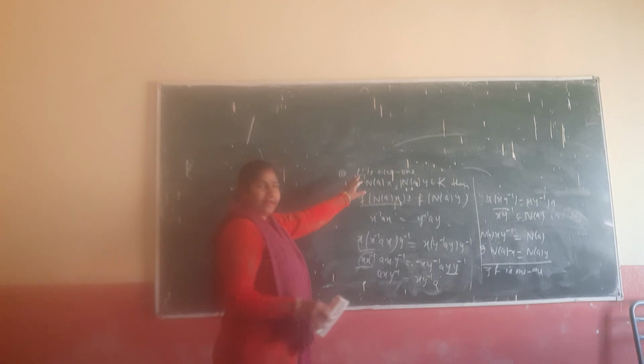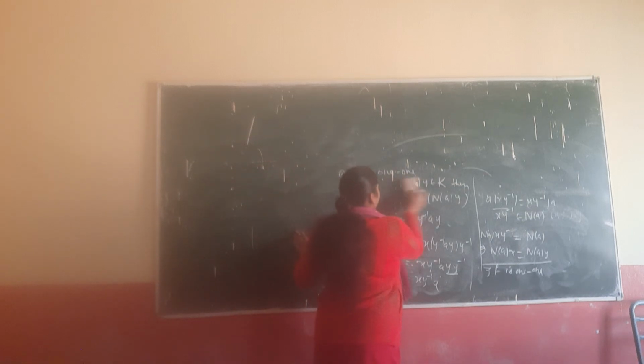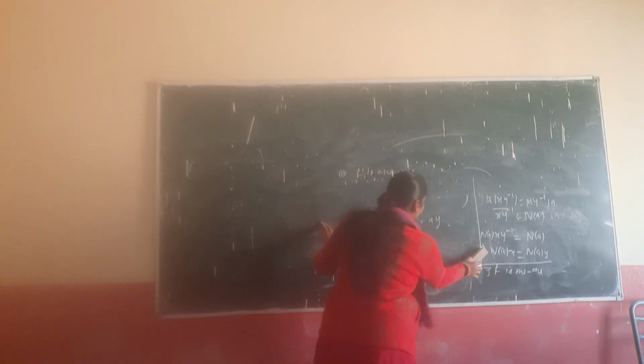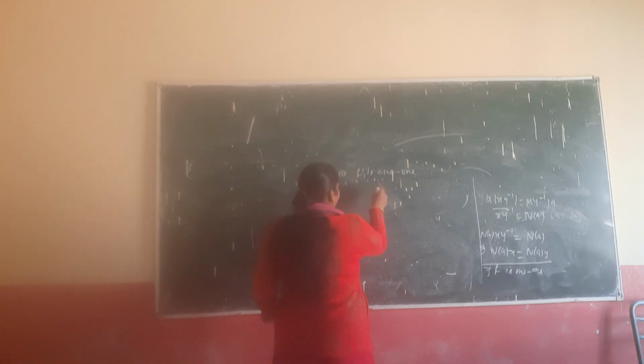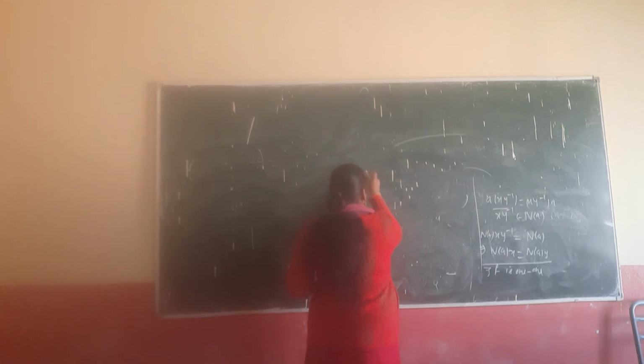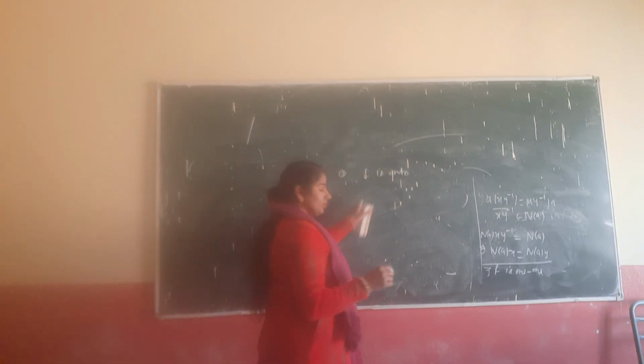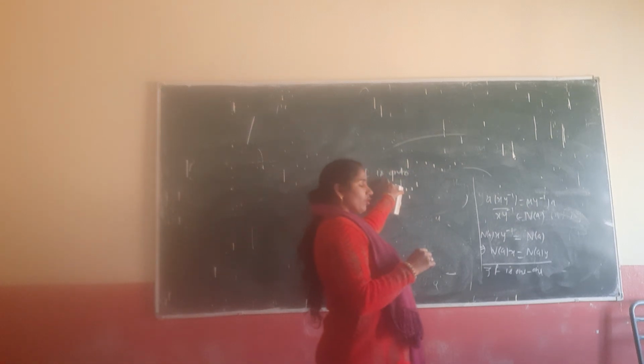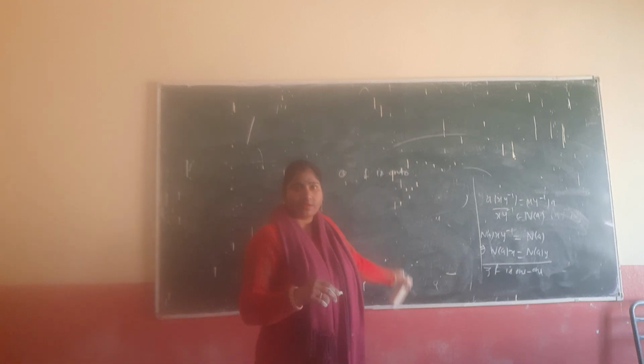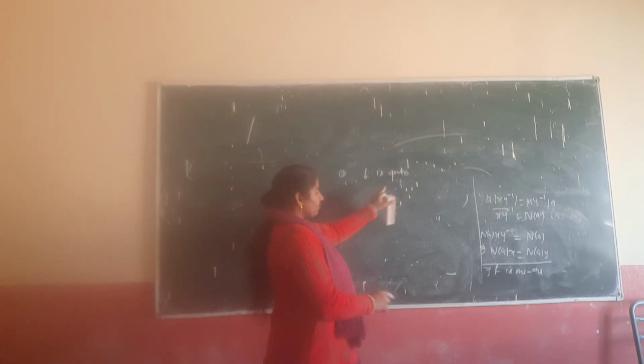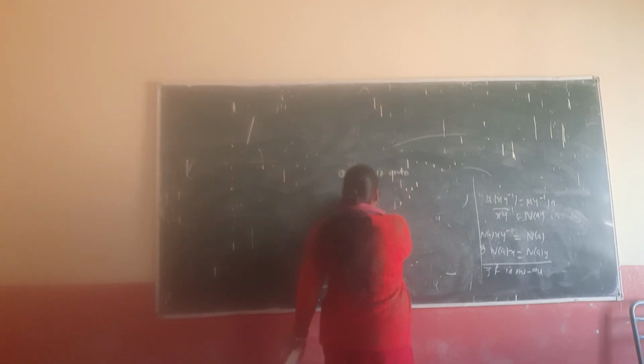Next we prove that F is onto. For proving this we have to take elements of the codomain.